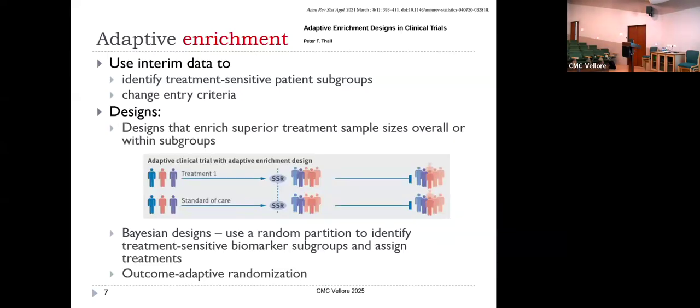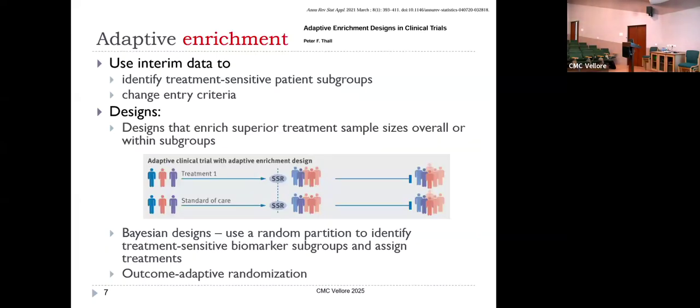Let us say a certain age group is not responding well to a certain intervention or SOC, standard of care, and we decide to, how should I put it, maybe I don't know how it is done, but essentially we maybe recruit fewer of that age group.